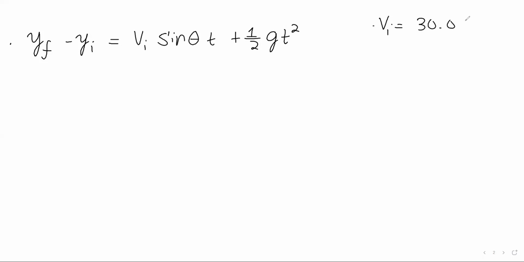this quadratic kinematic equation. Final height minus initial height equals vi sine theta t plus 1/2 gt squared. Again, notice they said the initial velocity was 30 meters per second.